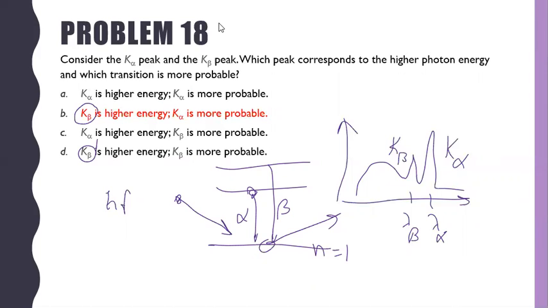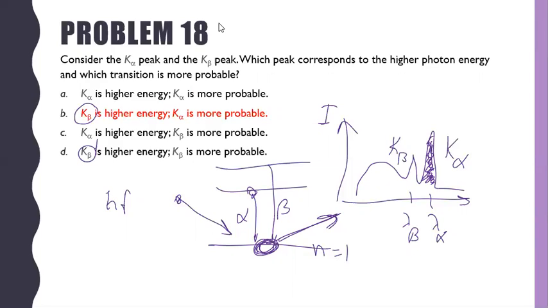But how does that show up on the graph? Well, it shows up as having a higher intensity. So of all these times where an electron gets knocked out from the lowest energy level, many more times of those times we get an alpha than we get a beta. That's why this gets to have a higher intensity.